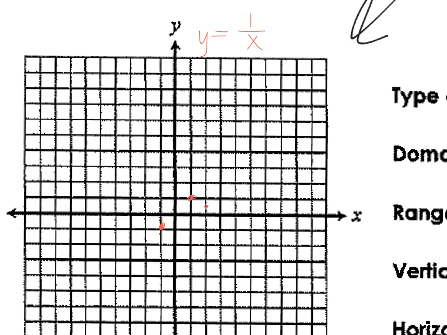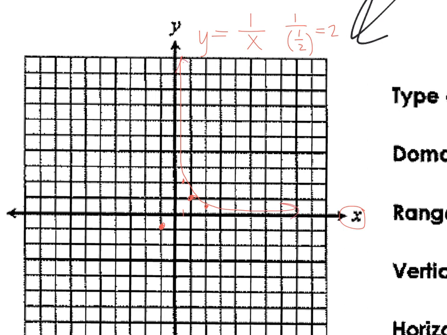If I plug in a half, I'm going to have 1 over 1/2, that's going to give me 2. So if I go over a half, up 2, I can already see that as the numbers I plug in for x get greater, y gets closer and closer to the x-axis, but it will not cross. So the general shape looks something like this.